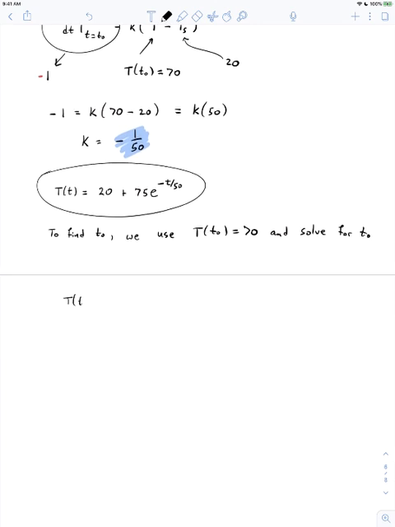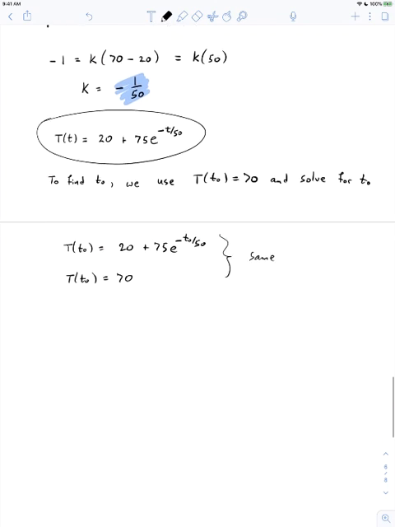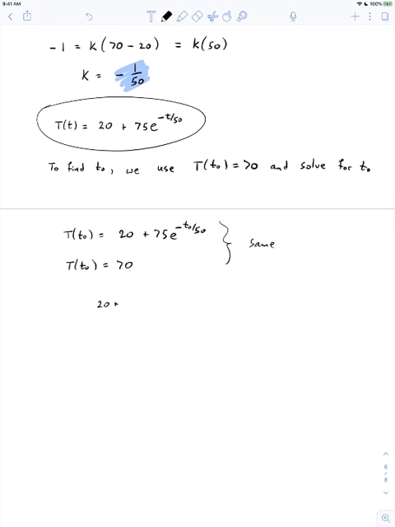Because T at t0 we know is 20 plus 75 e to the negative t/50. But we also know that T at t0 is 70. So these two things must be the same. So that means that 20 plus 75 e to the minus t/50 is equal to 70.